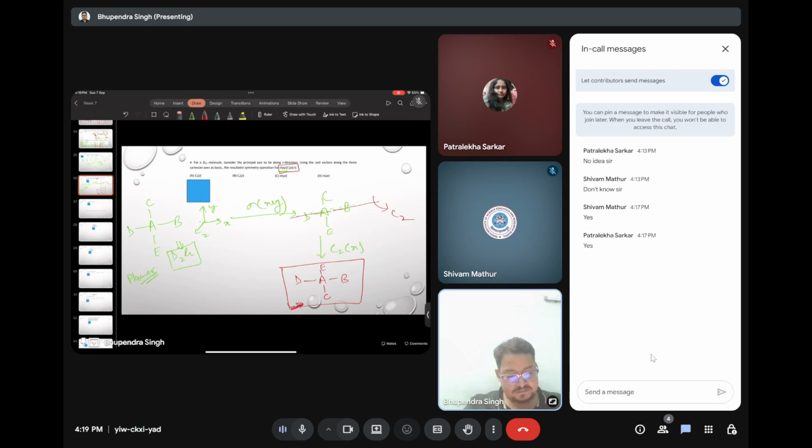Now the question is, out of these four, which operation is equivalent to this operation? You can test by doing the operations on this molecule one by one.